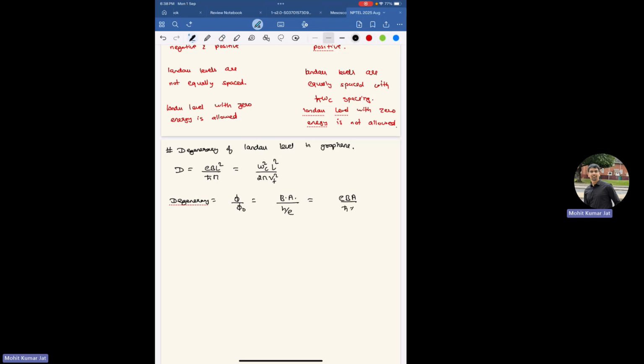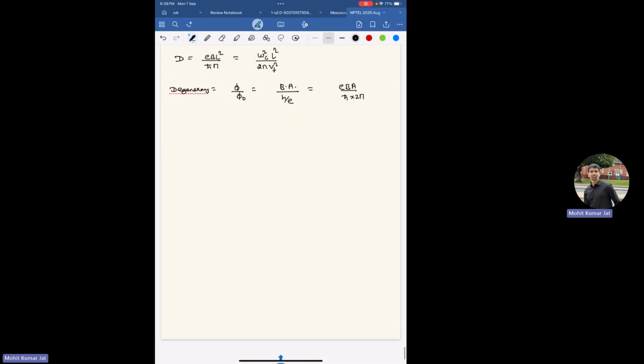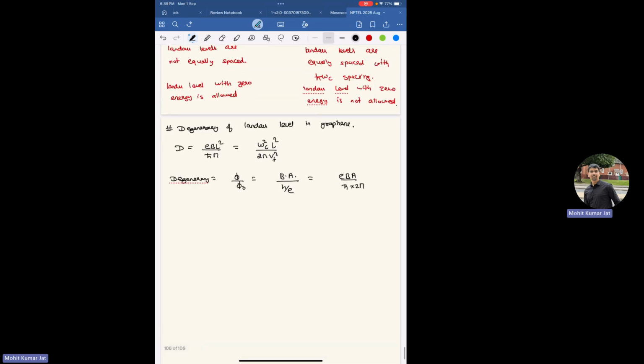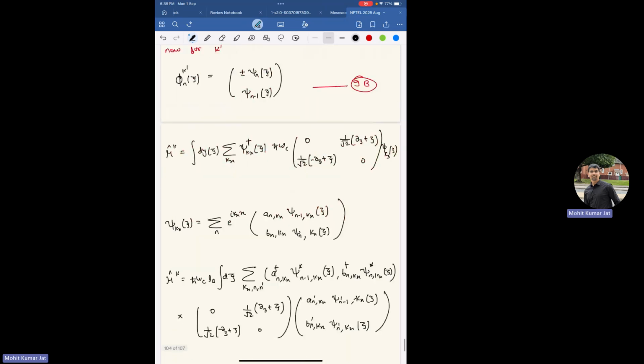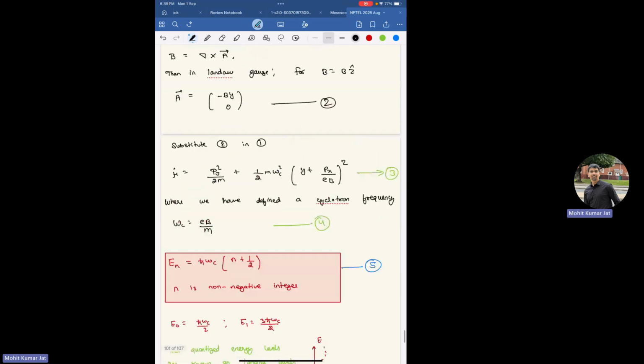Now you can write h as h bar into 2 pi, and area you can write to be L square, and then you have the degeneracy of the spin and the valley, and then if you solve it, it essentially gives you eBL square by h bar pi. L is the size of the system.